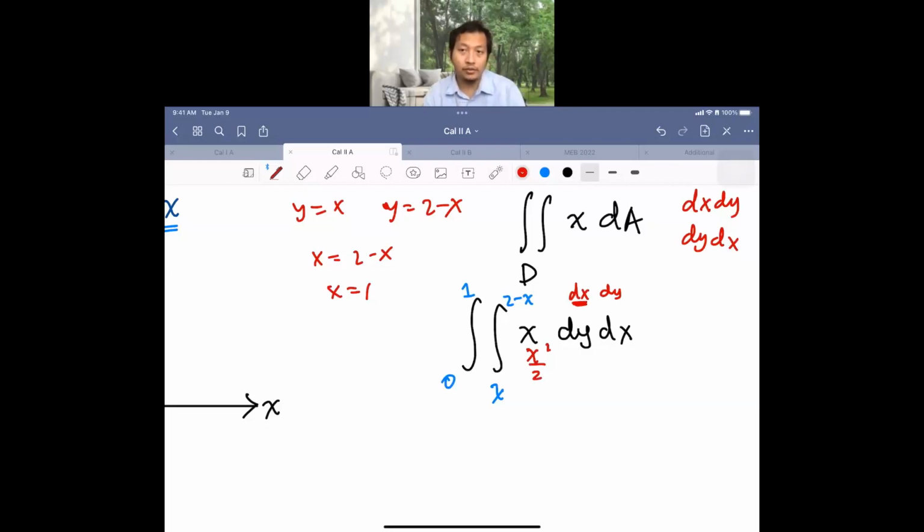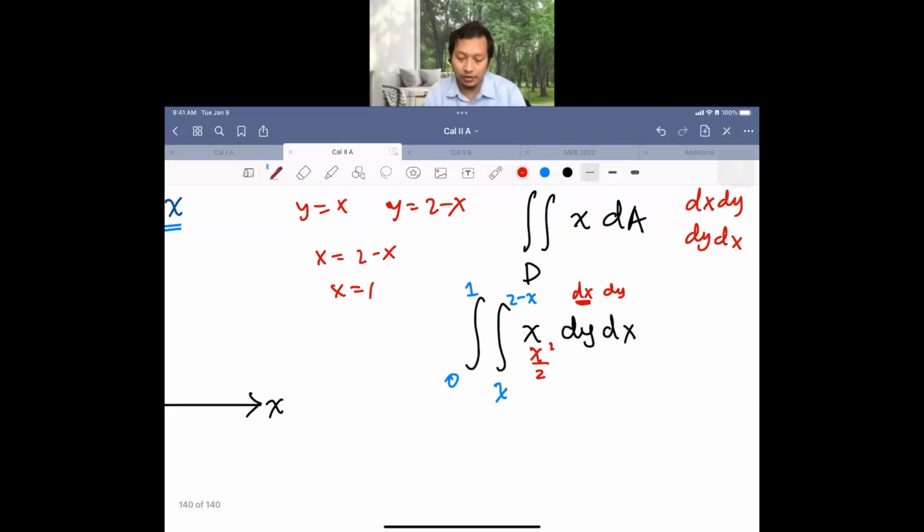And if you put in the equations, this will be the equation of y rather than x, which results in some calculation with squares. I didn't want to calculate in a complex way. So my suggestion is to be as efficient as you can. That's why I'm choosing this dy dx.